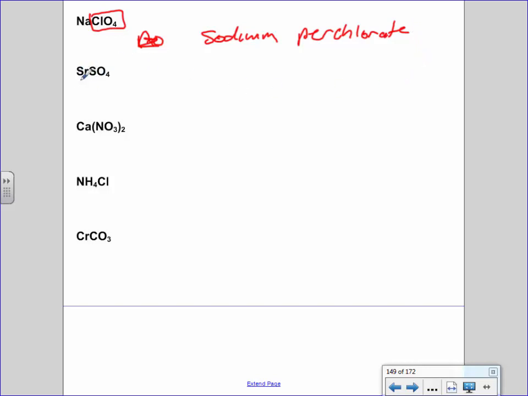Let's try this one here. Sr is strontium. But we got to figure out what an SO4 is. So again, you need to use your table and search until you find an SO4. So I'll give you a second. Try to find where SO4 is on there.